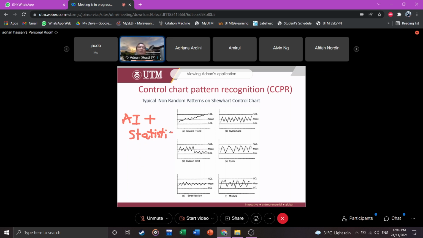We want to pass the responsibility that human operators had in the past to machines, which will take over decision making related to quality, especially within the control limit. You see this, within control limit, within control limit. This is the area of what we call pattern recognition.